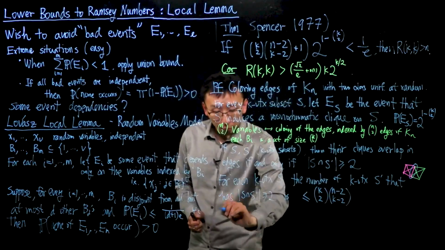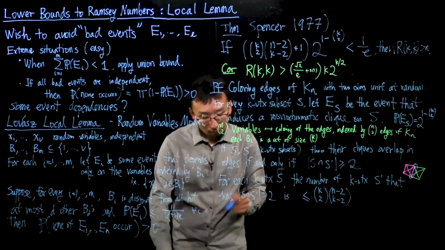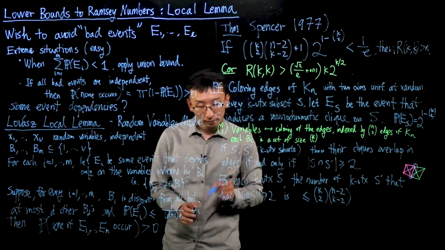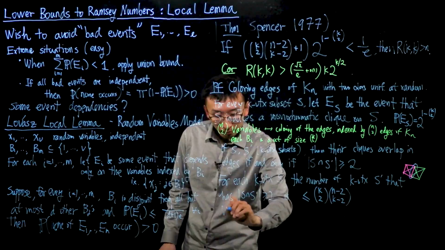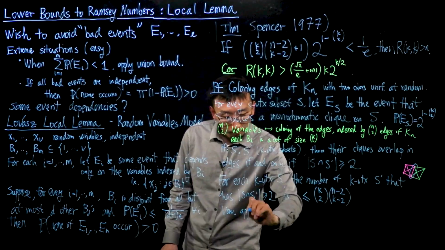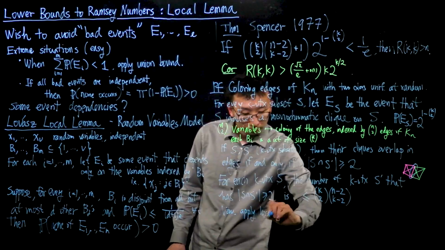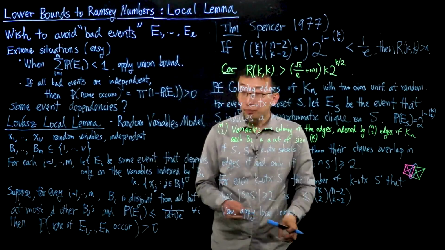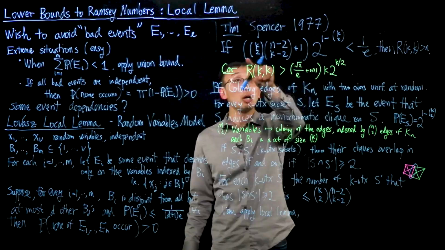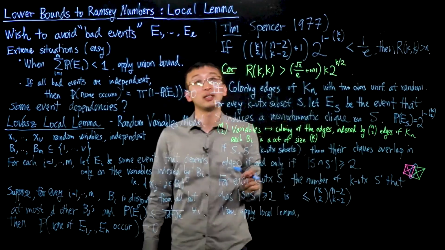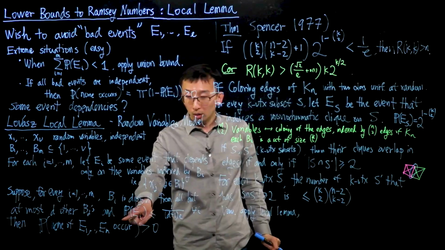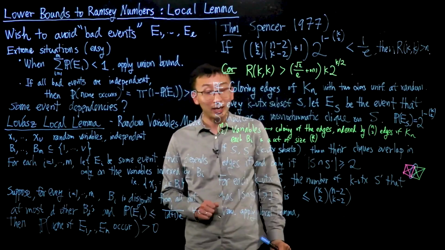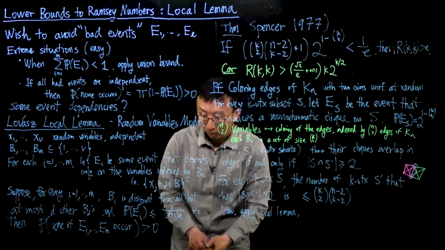And now we can apply the local lemma. By applying the local lemma, one checks that as long as this inequality is satisfied, the hypothesis in the statement of the local lemma is satisfied as well.